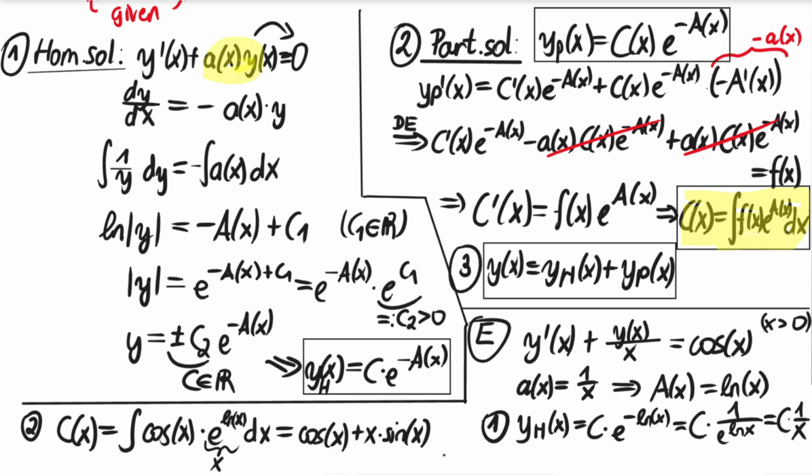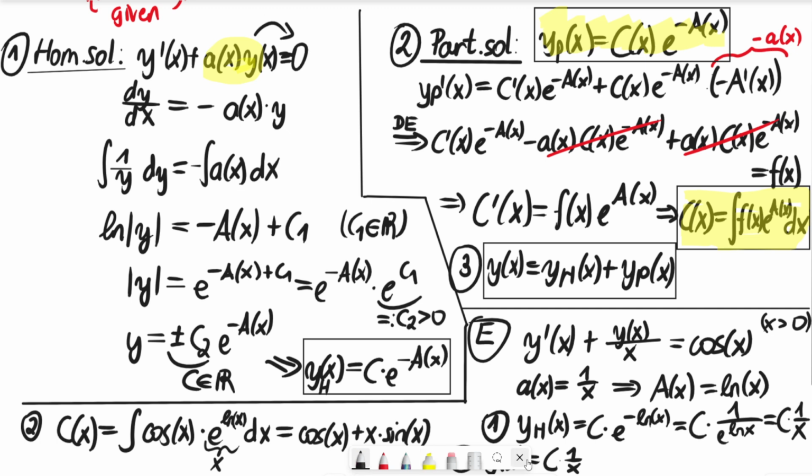And now we come to the third step. I hope I have enough space here. So the third step is to add the homogeneous plus the particular solution. Let's start with the homogeneous one, which is c times 1 over x, plus the particular one. And you see the formula up here.